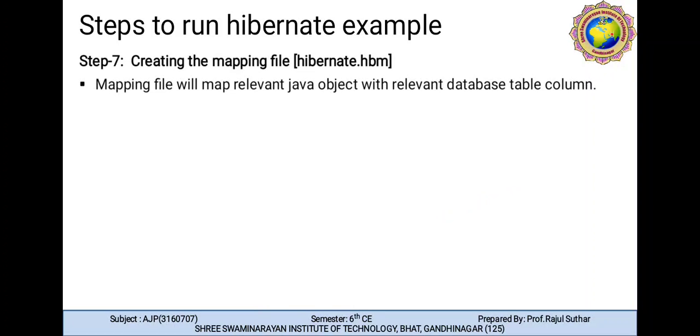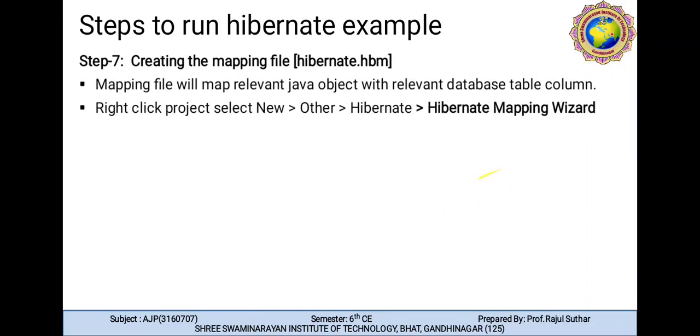Then creating the mapping file, hibernate.hbm. This file is stored as HBM. The mapping file maps the relevant Java object with the relevant database table column. So right click the project, select New, Other, Hibernate Mapping Wizard.